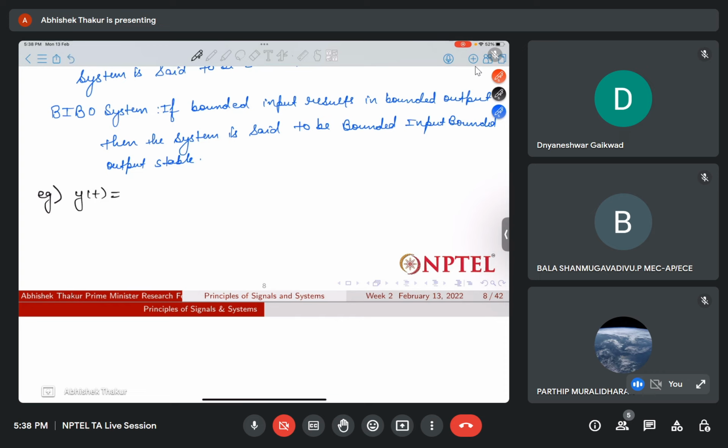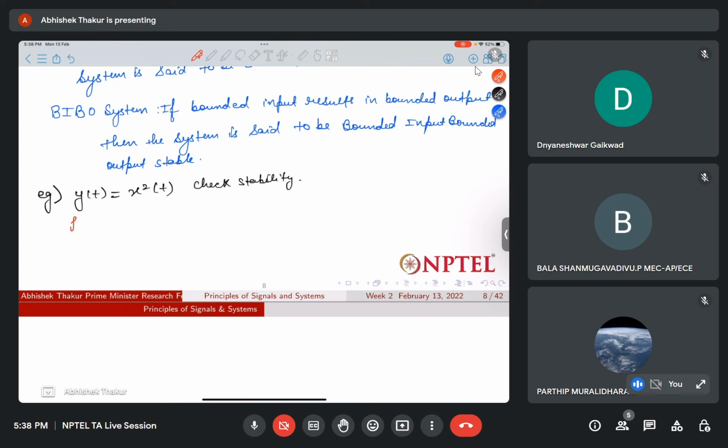y(t) is equal to x squared (t). Tell me if this is bounded input and bounded output or not, or is this a stable or unstable system? So see, for checking stability, first we'll give some bounded input.